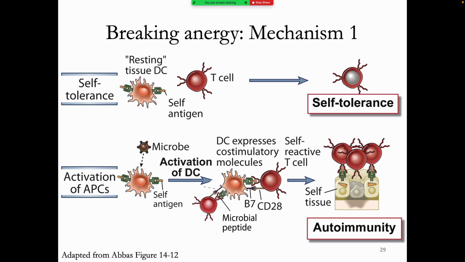So here you can see a cell presenting self-antigen. It is going to show that T cell signal 1, but there are no PRRs around, and so there's nothing to provide signal 2. And so that T cell is going to be anergized.